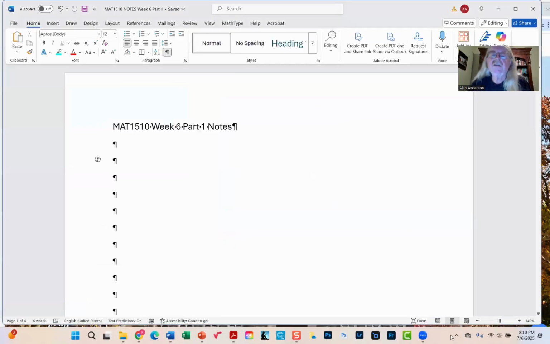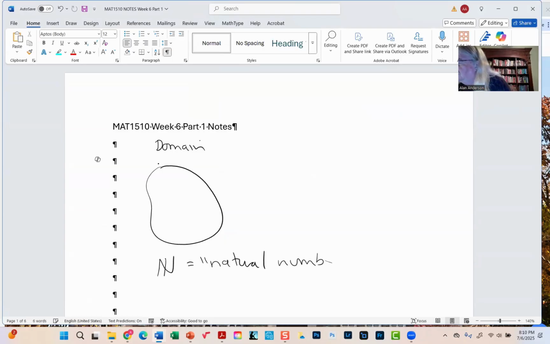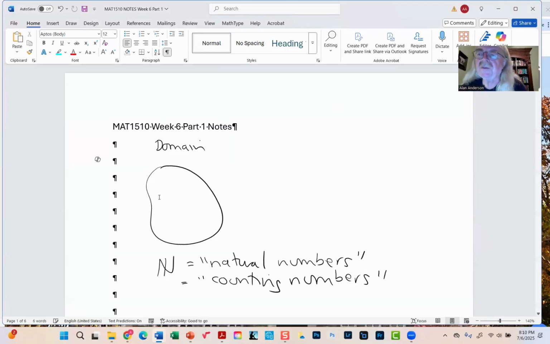And the domain, so here's the domain. Some books use this fancy N to represent the natural numbers. Or sometimes they're called the counting numbers, for the obvious reason that these are the numbers that we use to count.